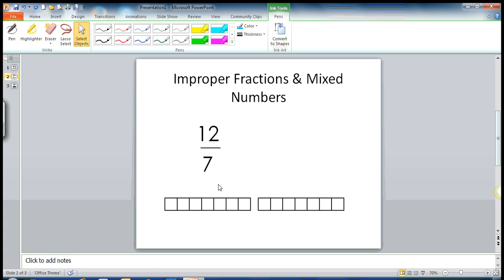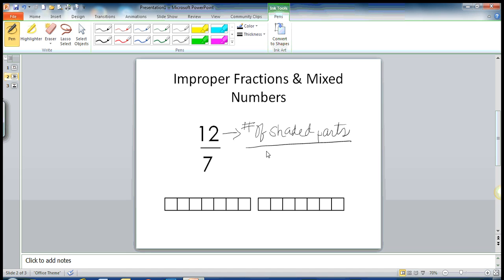This fraction is read 12/7. Our numerator here represents or tells us how many parts of the model will be shaded, so this tells us the number of shaded parts.